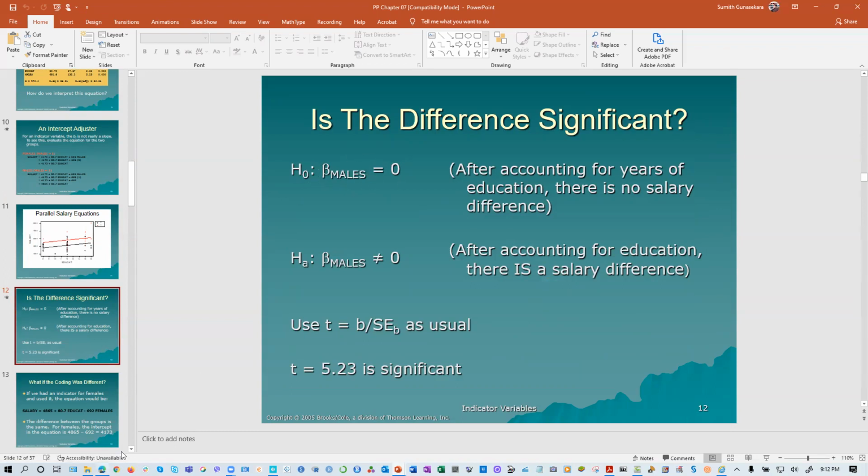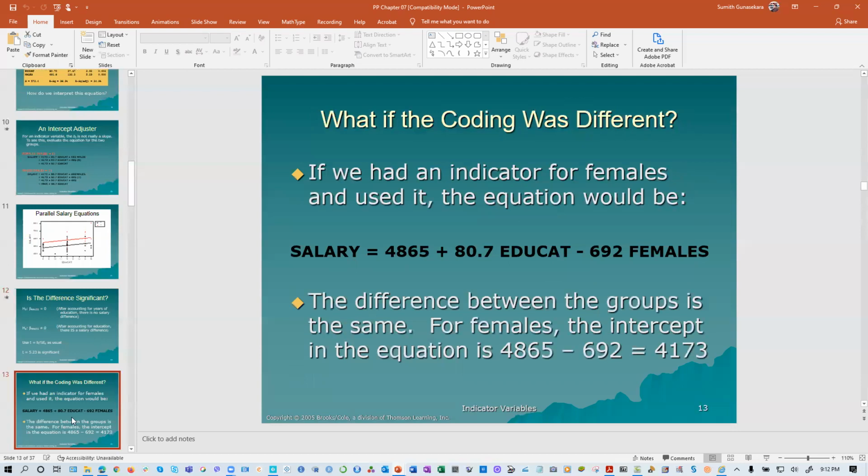Can you remember? That categorical variable can be denoted by another indicator variable or dummy variable. And we played with that one.